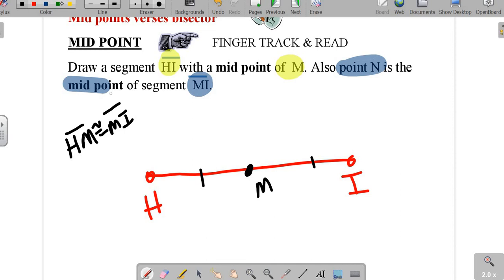Point N is the midpoint of MI, so that means N is the midpoint this way. So I'm going to put little brackets over, and now I do double hatch marks to represent that N is a second midpoint, and that segment MN is congruent to segment NI.